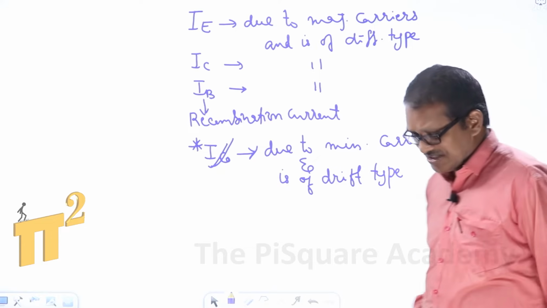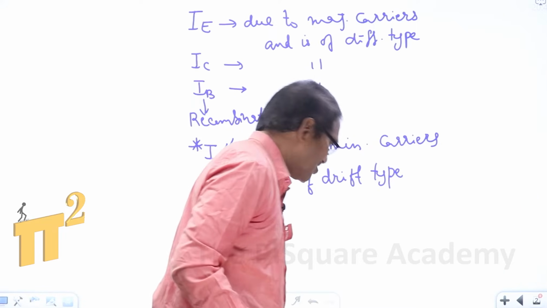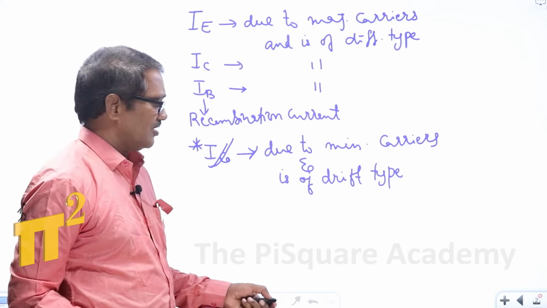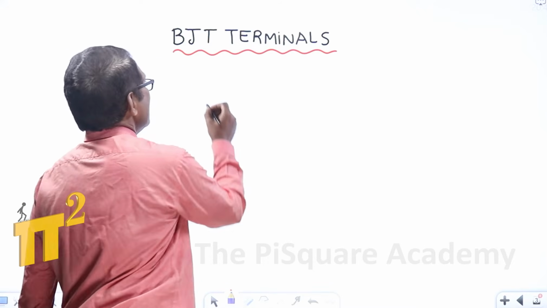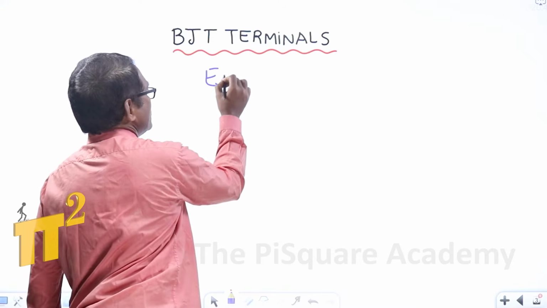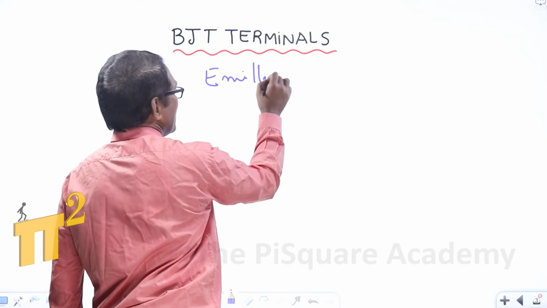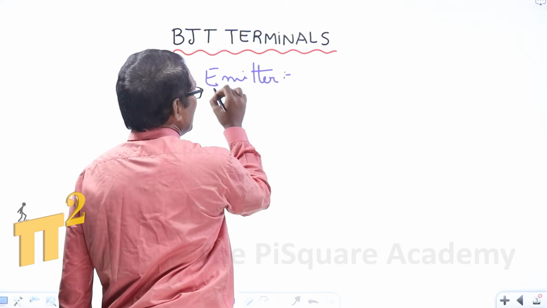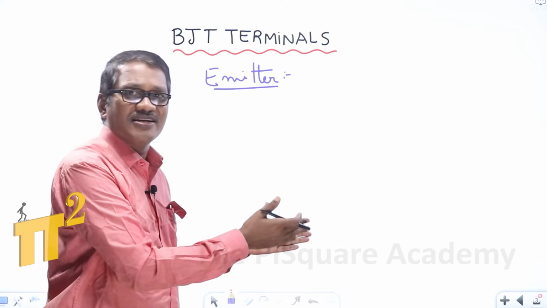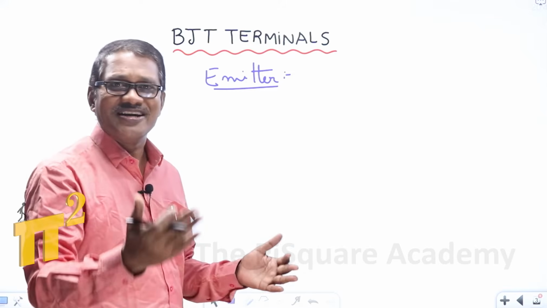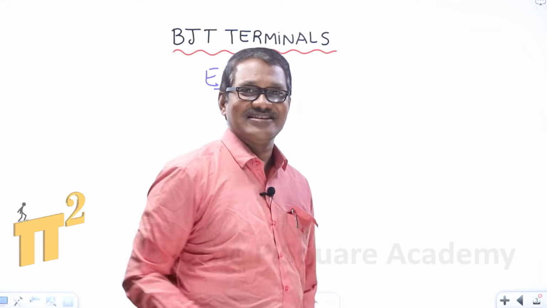And next, let us discuss transistor terminals. BJT terminals. The first one is the emitter, which emits majority charge carriers into the base region. The basic function of the emitter is to inject majority charge carriers into the base region.